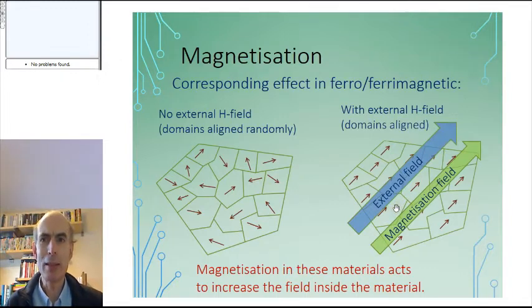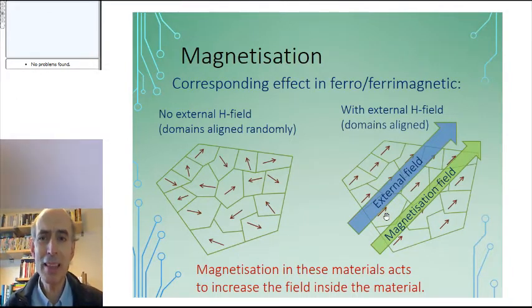In ferromagnetic and ferrimagnetic materials, quantum effects lead to the magnetic fields in the domains tending to align in the same direction as the applied magnetic field. The net result is that the effect of these magnetic dipoles is to increase the magnetic field inside the material, so that the magnetic field inside is actually larger than the magnetic field outside the block of material.